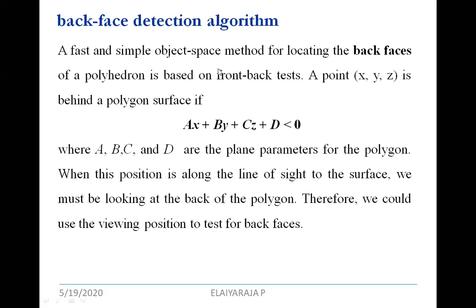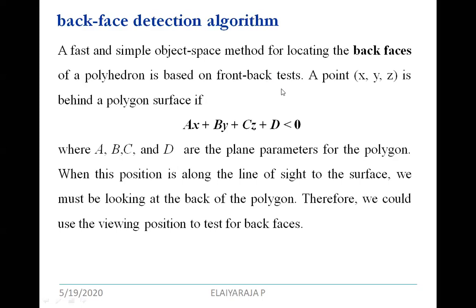It is a fast and simple object space method for locating the back faces of a polyhedron, based on front-back tests. If it is front, you are going to draw. If after testing you find it is back, you are going to reject it and not draw it. For that purpose only, you do the front and back test.